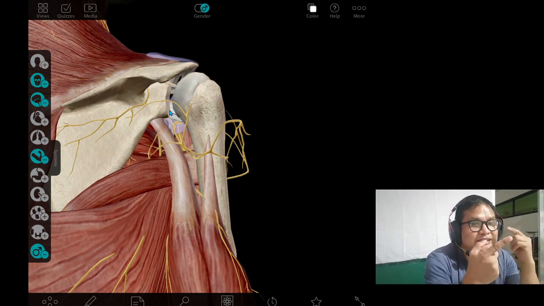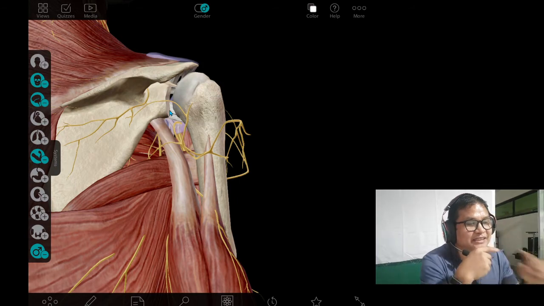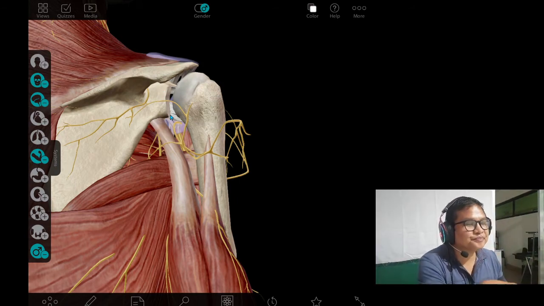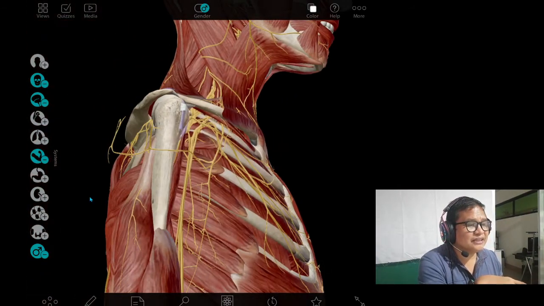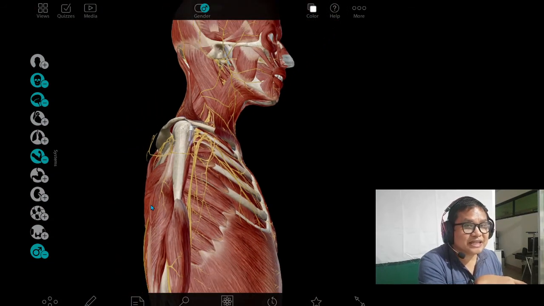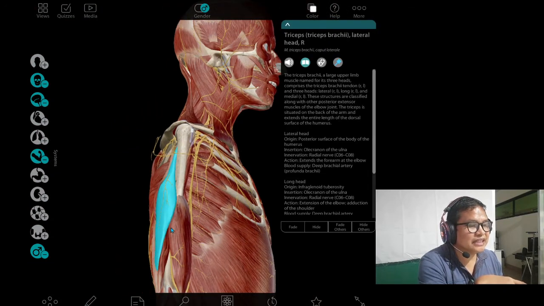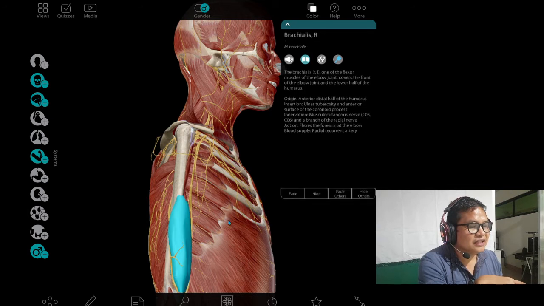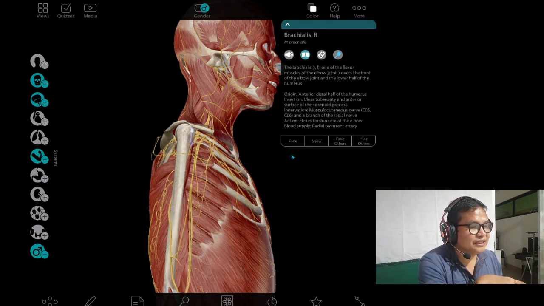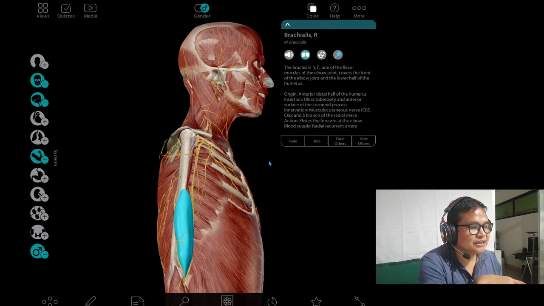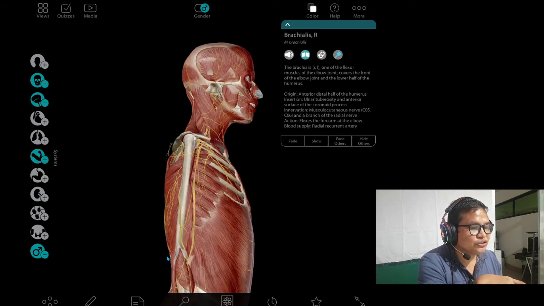Okay, so kana siyang ball and socket, one type of freely movable type of joints. Okay, so ang joint dira sa shoulder, that is a ball and socket joint, no, and under na siya sa freely movable type of joints. Okay, now let's go to the elbow.